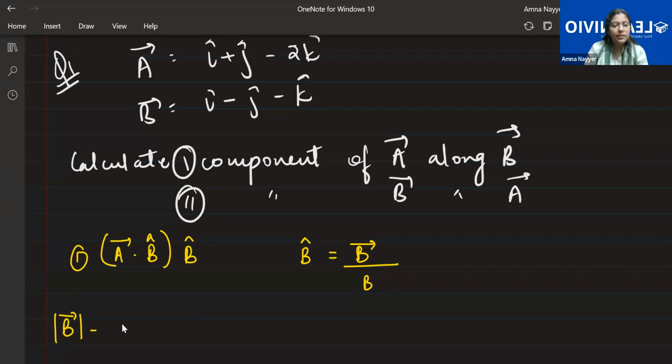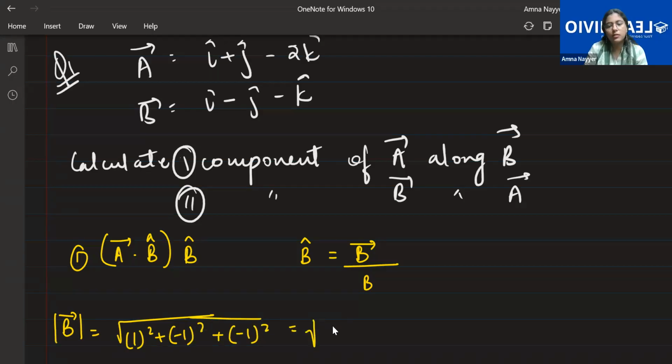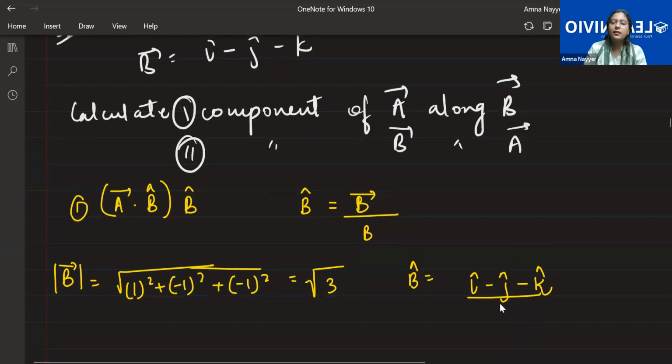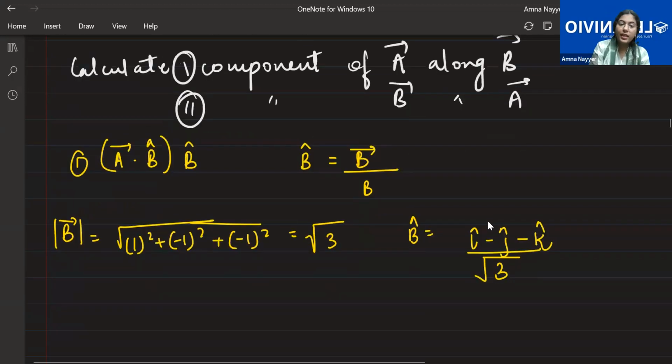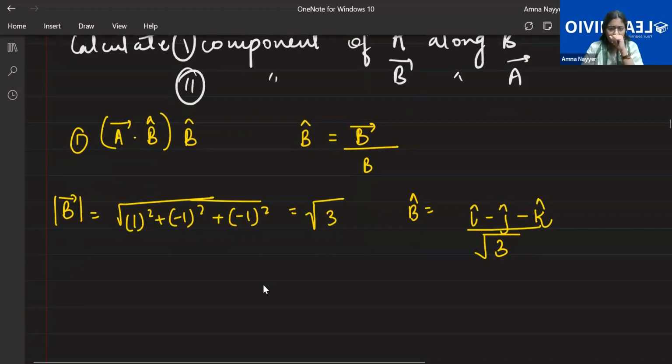Magnitude of B will be under root 1 square plus minus 1 square plus minus 1 square, which is root 3. So B cap will be I cap minus J cap minus K cap divided by root 3.